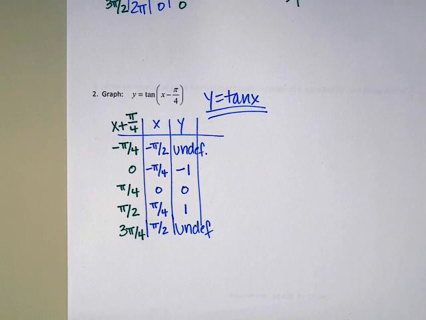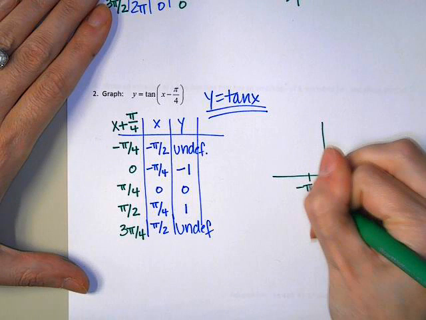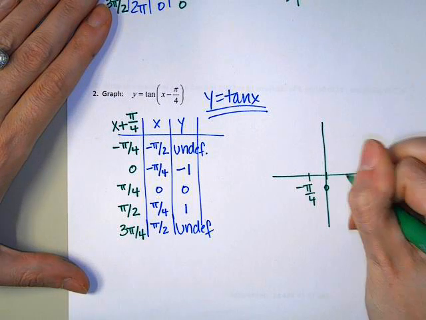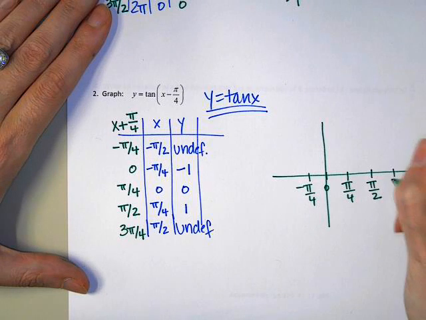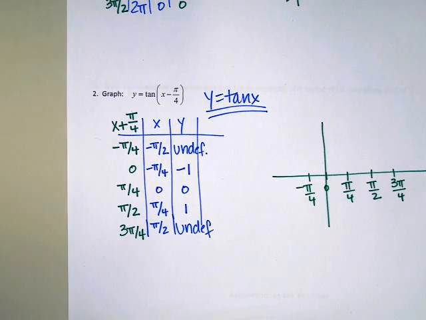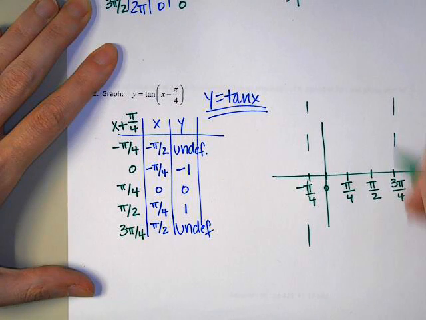Okay, and then the y's we get to keep. All right, let's sketch a graph. So we have negative pi over 4, 0, positive pi over 4, positive pi over 2, and 3 pi over 4. All right, we got asymptotes at the very left and the very right.